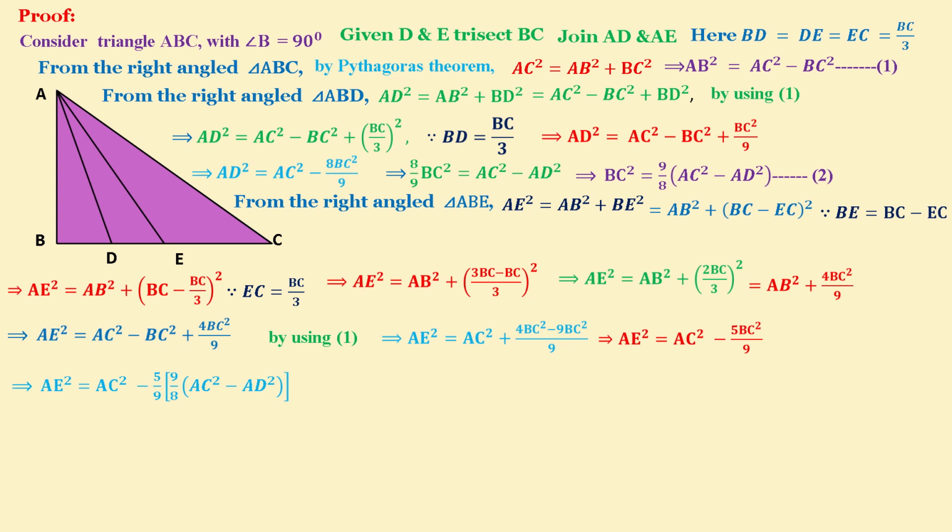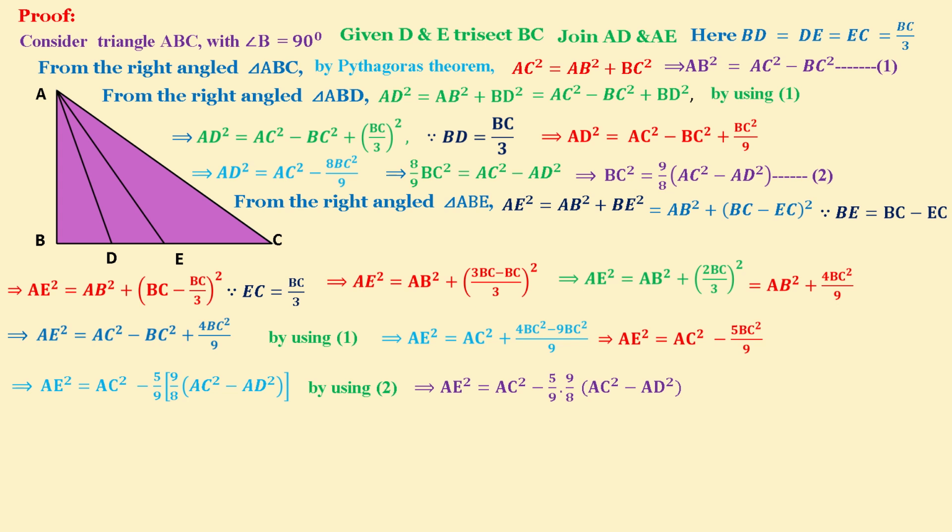Replace BC square by that. So AE square is equal to AC square minus 5 by 9 into 9 by 8 into AC square minus AD square.